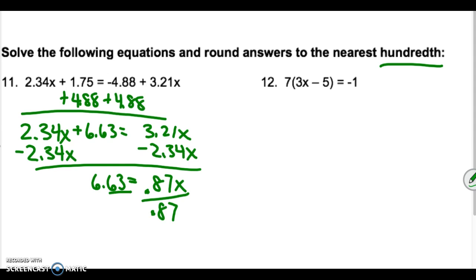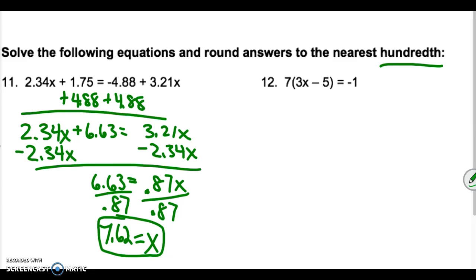Divide both sides by 0.87. You could solve this differently. When I actually did this one on the practice test key that I'm looking at right now, I ended up taking negative 6.63 divided by negative 0.87. Got the same answer though.